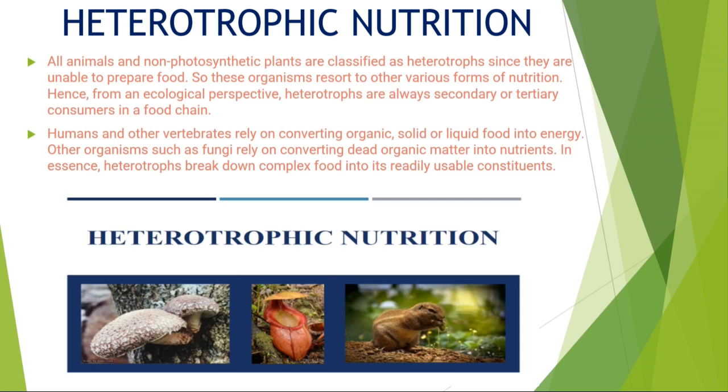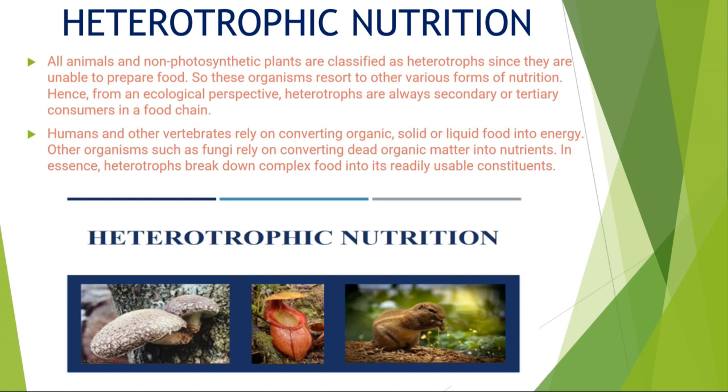Now, all animals and non-photosynthetic plants are classified as heterotrophs since they are unable to prepare food. So these organisms resort to various other forms of nutrition. Hence, from an ecological perspective, heterotrophs are always secondary or tertiary consumers in the food chain.